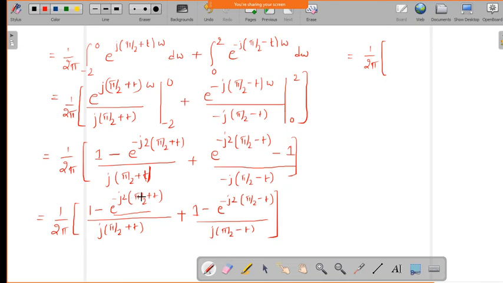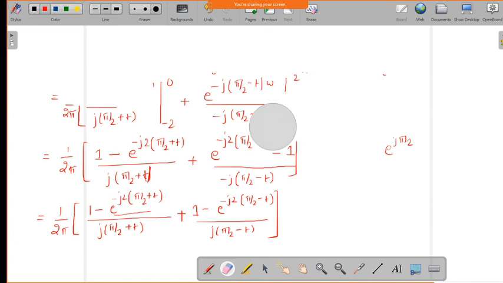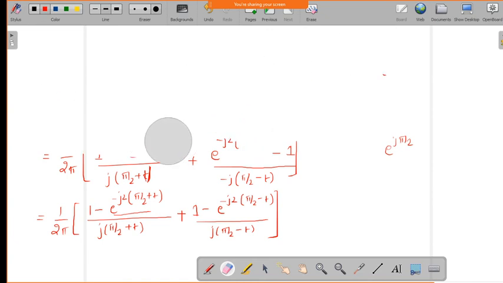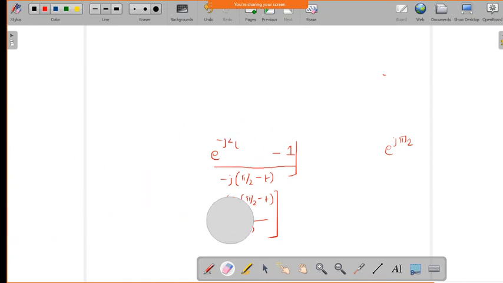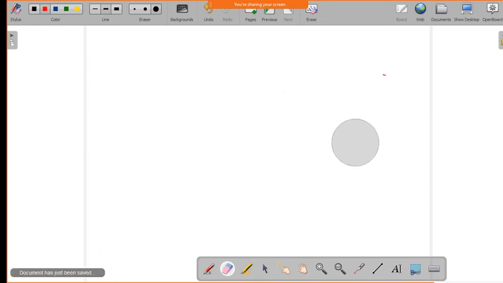Here one more method you can follow. Directly we know the value of e power j pi by 2, right? e power j pi by 2 is cos pi by 2 plus j sin pi by 2, which will give directly j. This will become complicated, so directly you can put that value itself. So omit this one, and we can directly put that value.